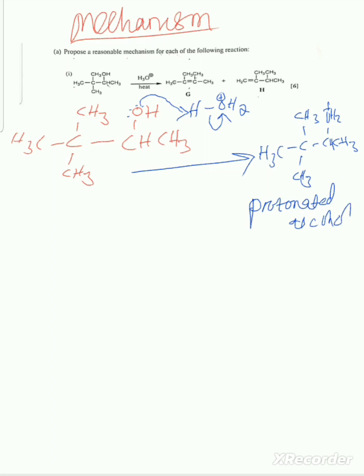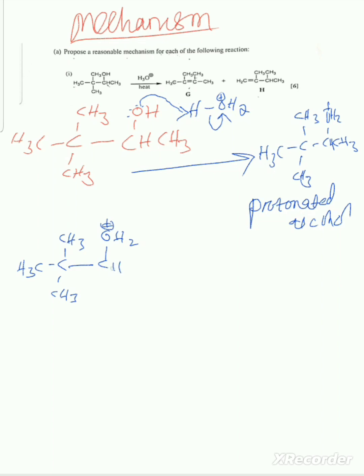When you reach that state, what are you supposed to do? Let me write it like this: C, then here C, and CH3, CH3, then here like this, and remember there's a positive here, so you need to write it well.